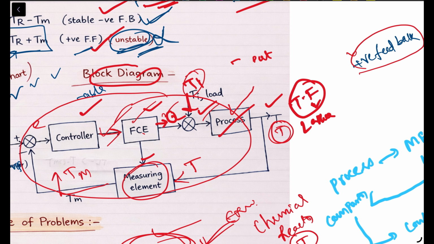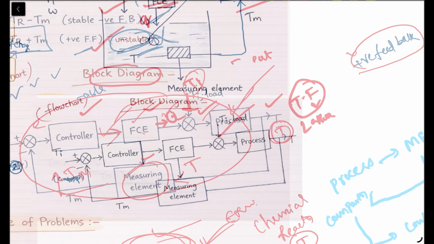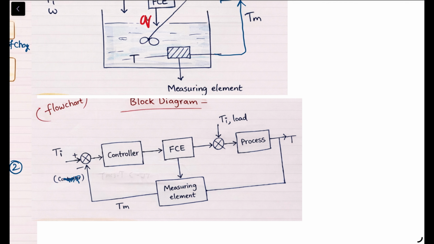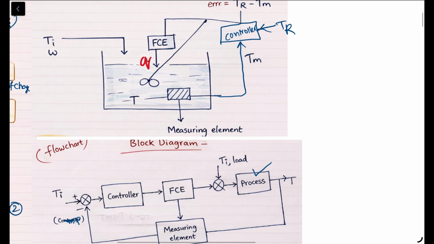To derive this process transfer function, we begin by writing an unsteady state energy balance of the reactor. Let us start with the first block in the control system, which is the process. In our example, the process is a CSTR heating system.